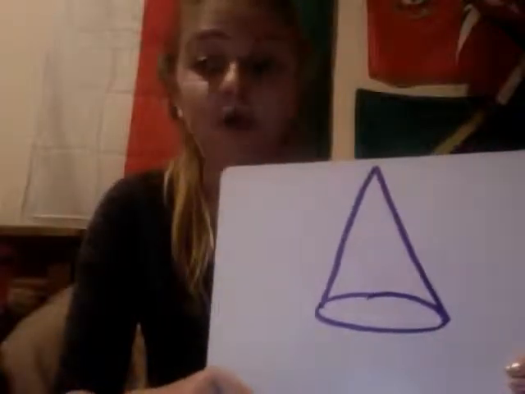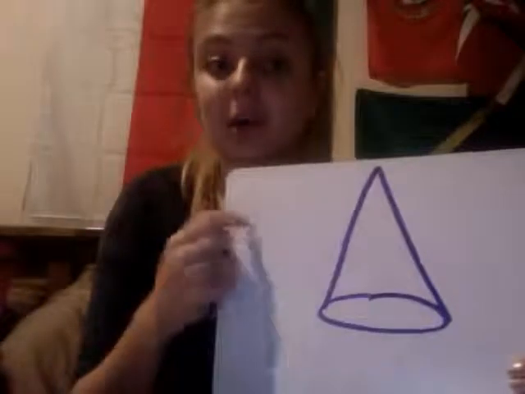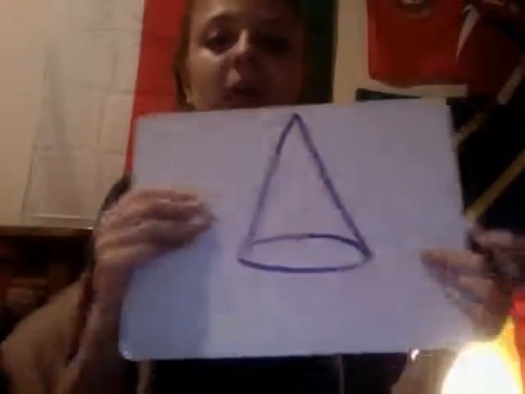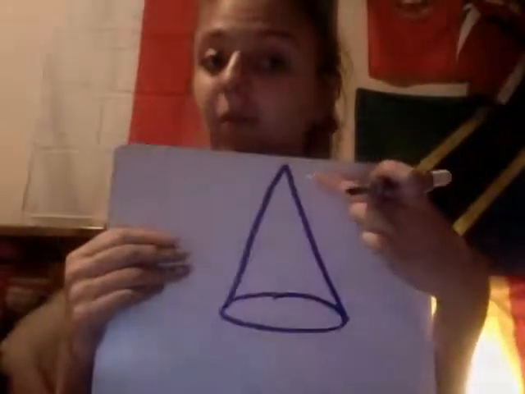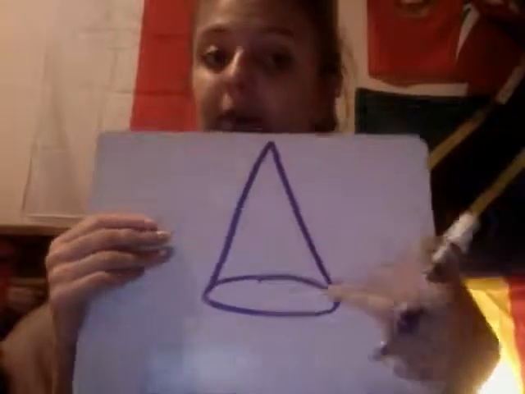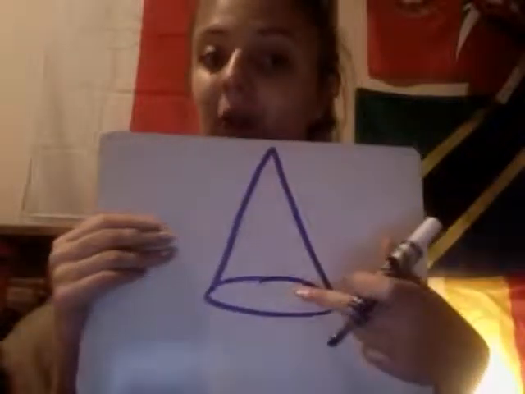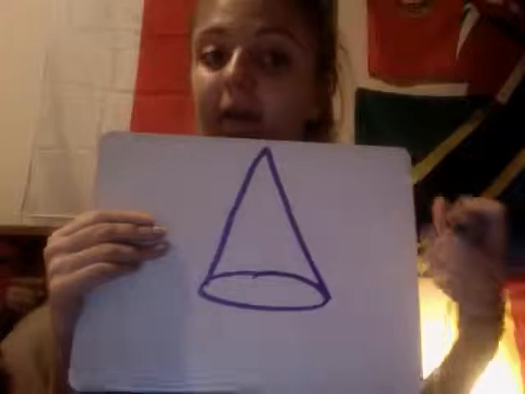Hopefully you said that it is a cone. Remember, think of it as an ice cream cone. This shape is a cone. And remember, how do we know that it's a cone and not a pyramid? Because they both have a point. Remember, the cone has a round bottom. All right, last shape.